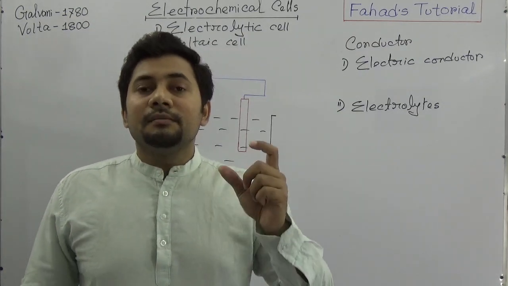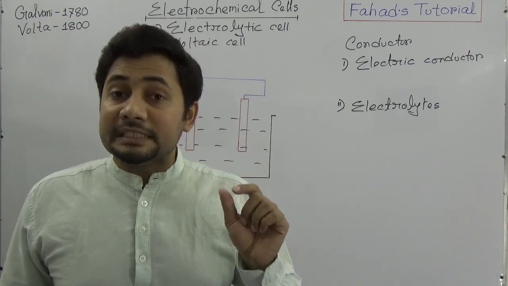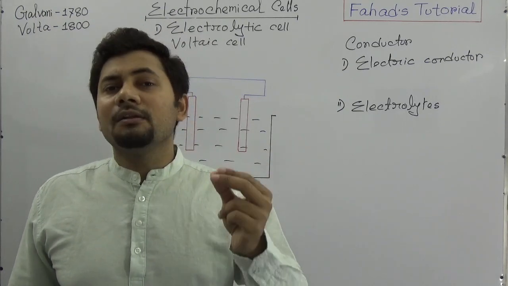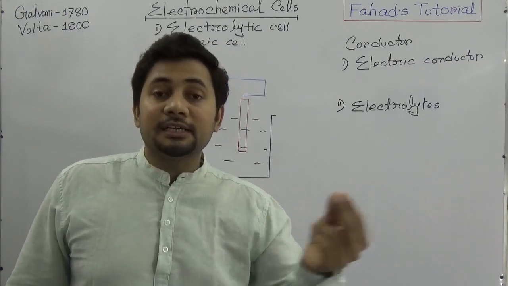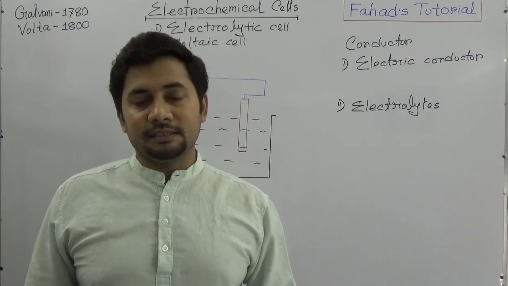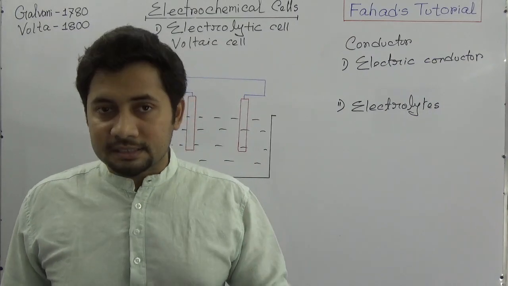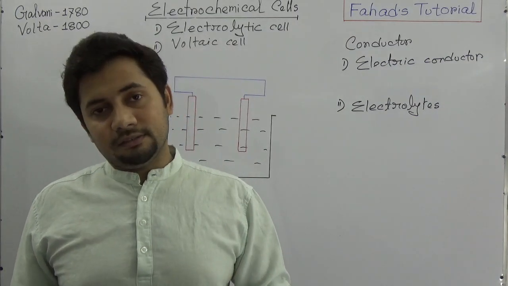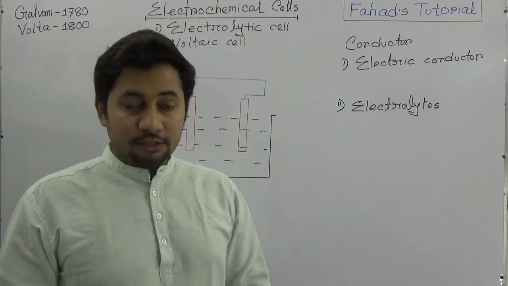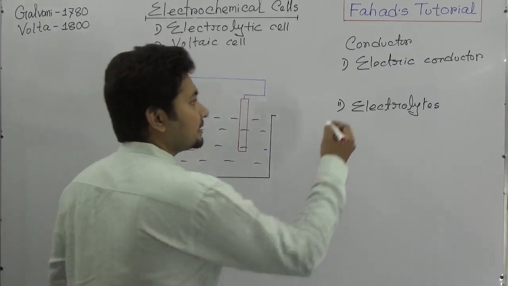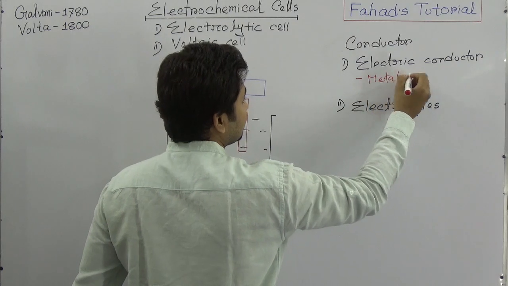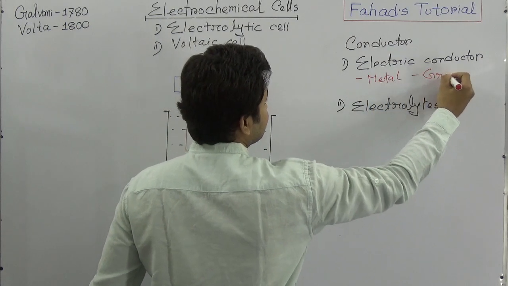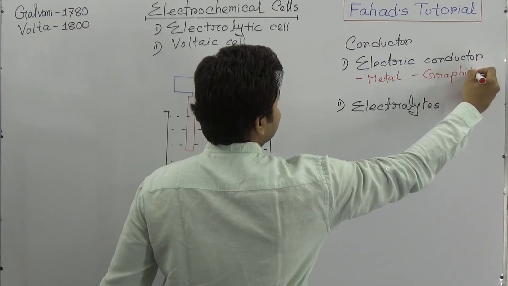Why? Because when you study metallic bonding, metals contain lots of free electrons that allow electricity to pass through the metal. That is why all metal is an electric conductor and also graphite. So as examples, electric conductors are metals and sometimes graphite.